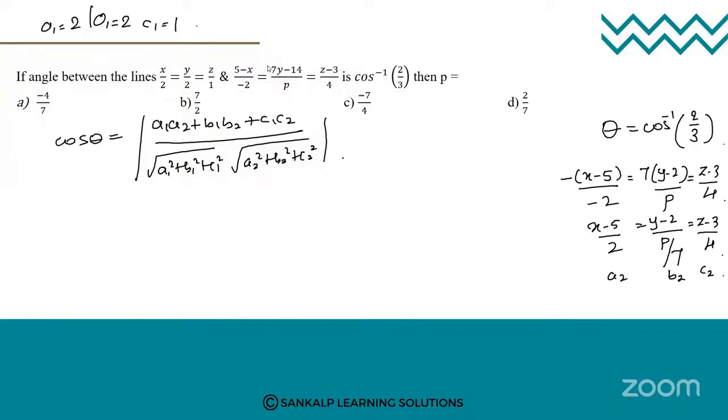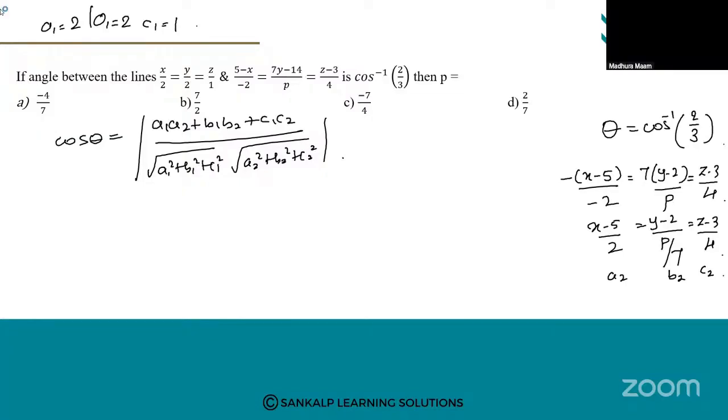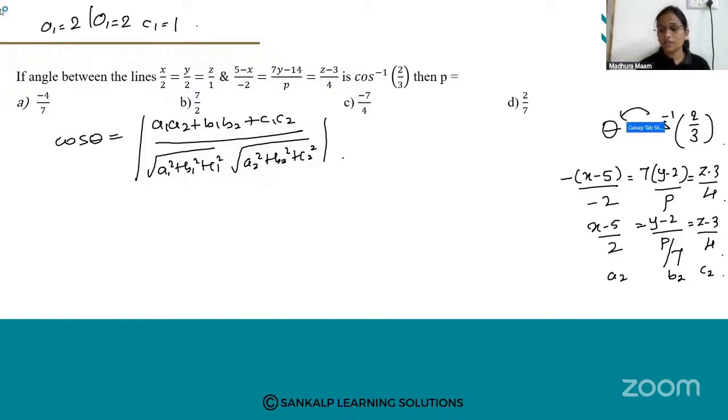Okay, so now let us start using the values. From this, what will I get? The cos theta value is 2 by 3. Now this equals A1 A2, 2 into 2, 4, plus B1 B2, 2p by 7.